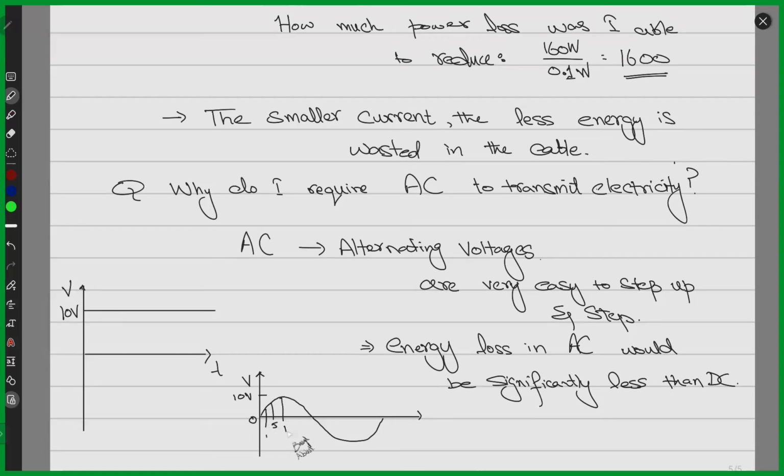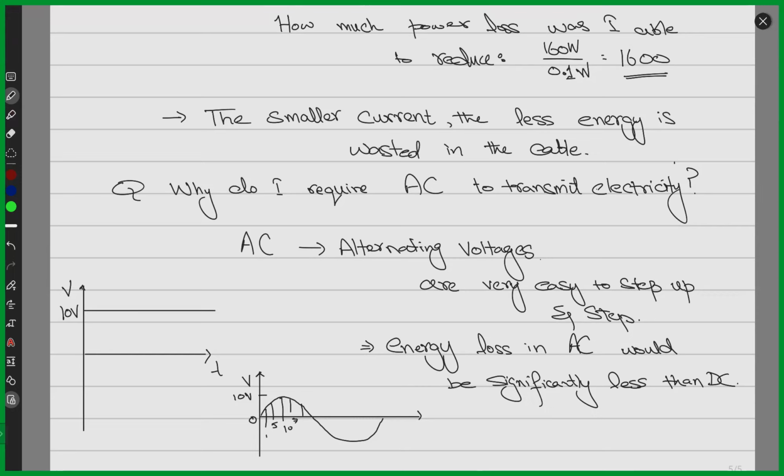At this instant, it's 10. And then again it starts to decrease. Maybe it's 7. You get the point, right? So these are the values of voltages. Throughout its journey, there is not a constant maximum peak voltage. At some points, we have less voltage. At some points, we have peak voltages. But at other points, we have less than the peak voltages, 5, 7, for example, right?